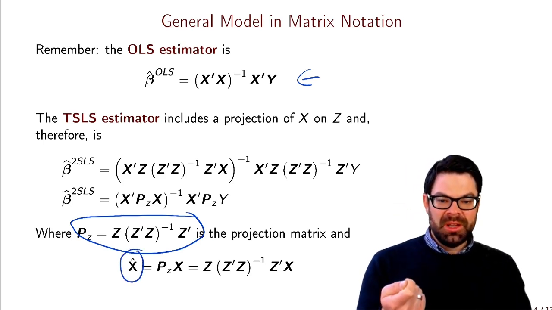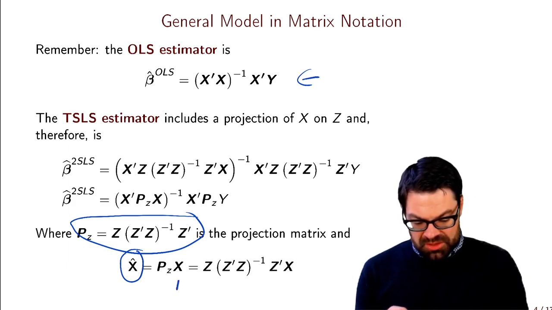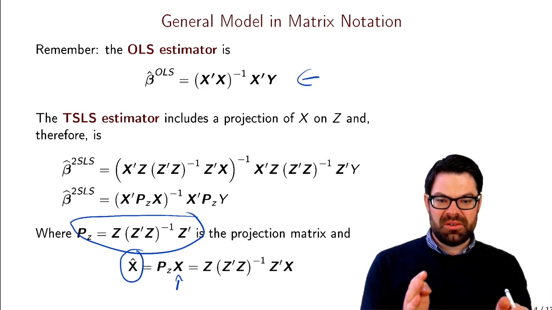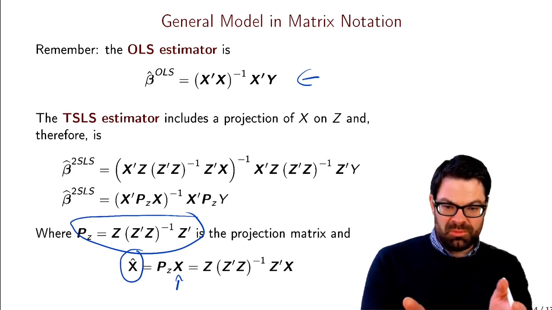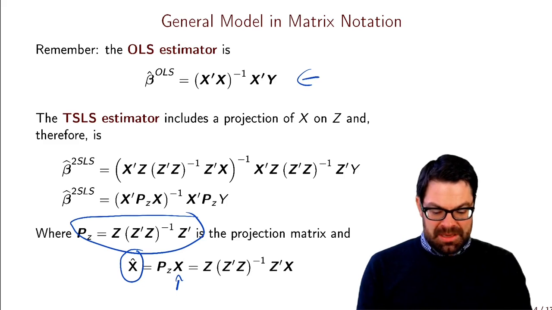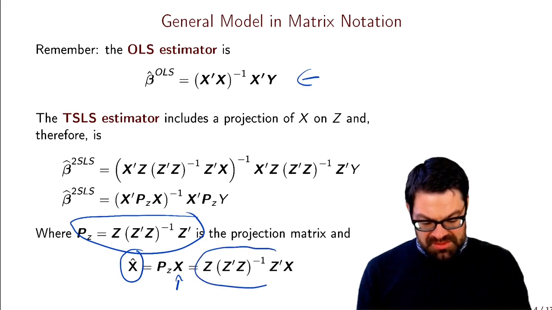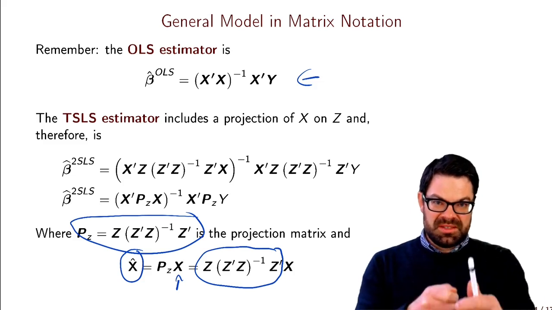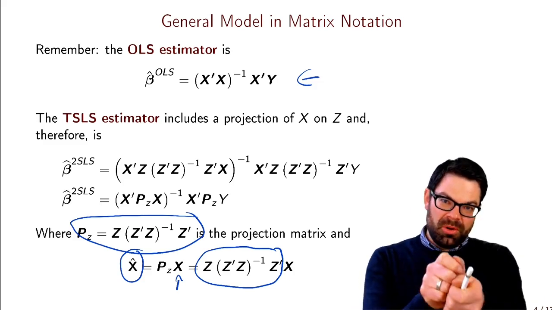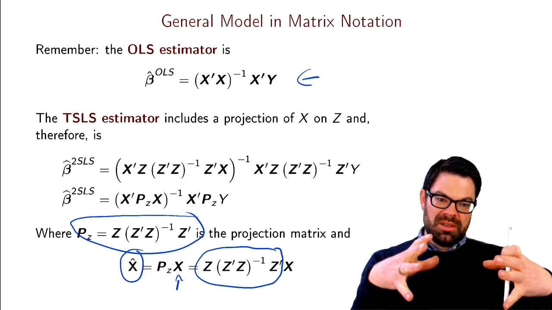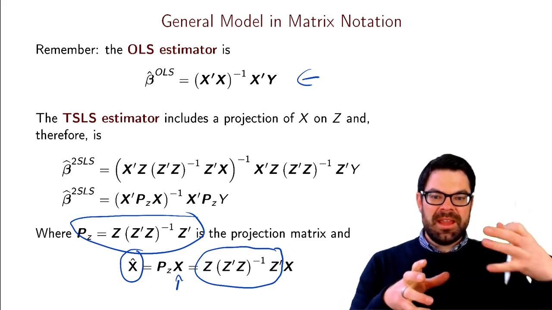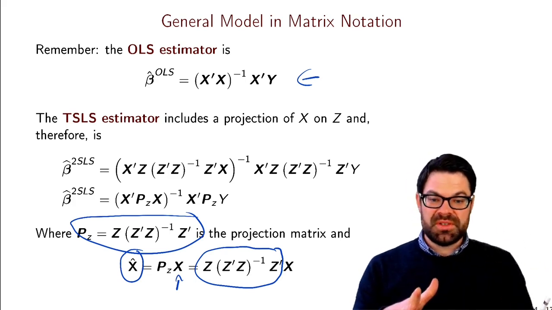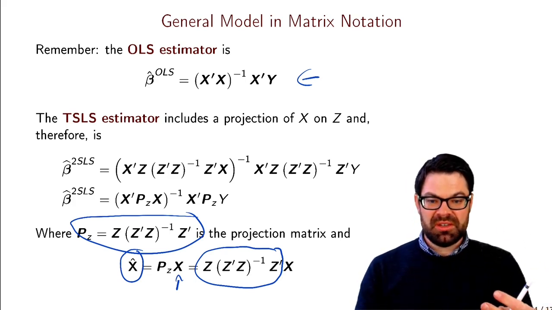Remember, we have our endogenous regressor x, or in this case the matrix x, which has one or more endogenous regressors, and then we have instruments that are included here. We use this projection matrix to purge from our endogenous regressors the variation that is purely due to the instruments and is therefore exogenous. And that's what we're doing here.